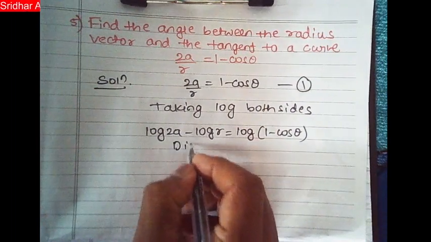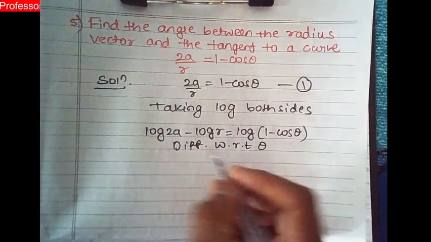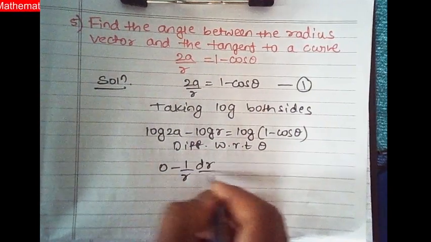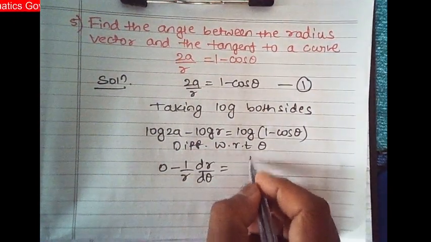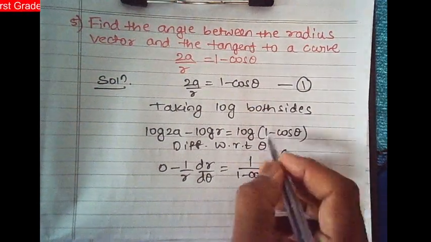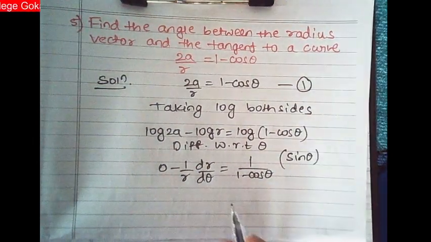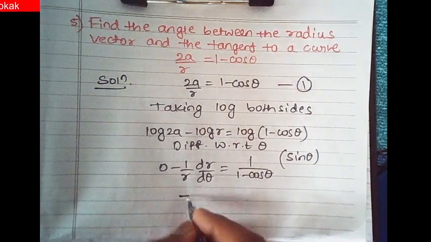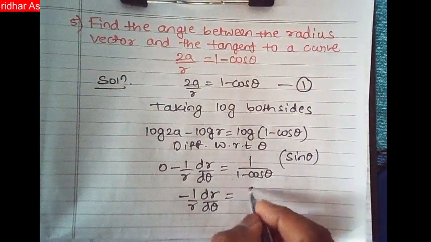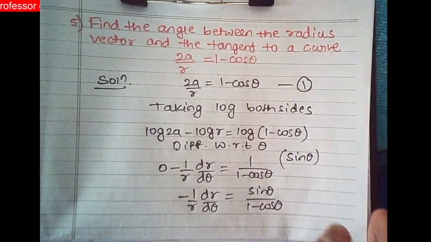Again differentiating with respect to theta, this is 0 and this one is minus 1/r dr/d theta, and this is 1 divided by (1 minus cos theta) into the differentiation of 1 minus cos theta, which is plus sin theta. So minus 1/r dr/d theta is equal to sin theta divided by 1 minus cos theta.